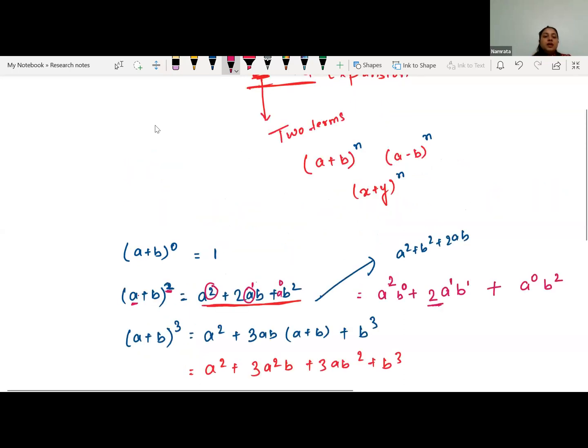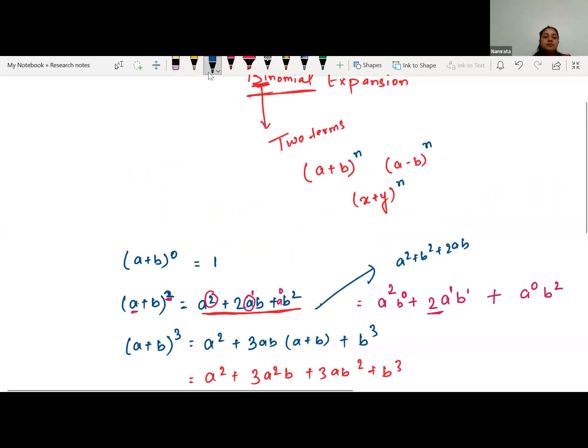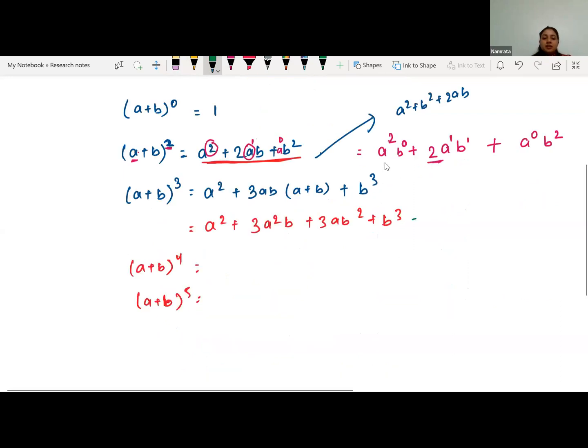Similarly, if we look at the cube expansion, this was a cube. First the power of a was the total power, then the power of a reduced to 2, then a power 1, then a power 0.